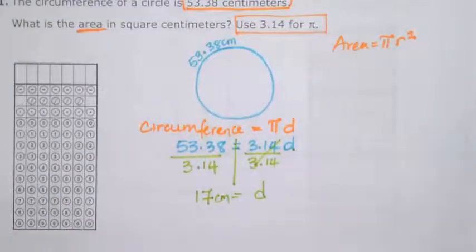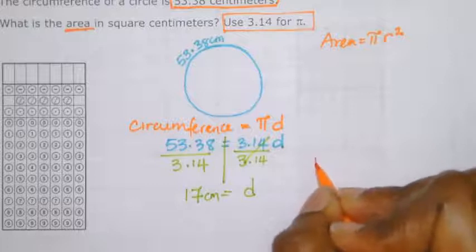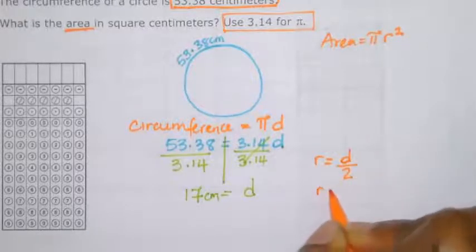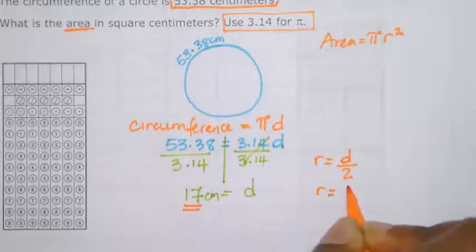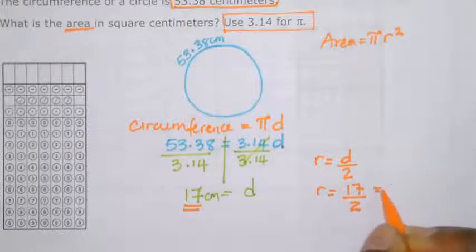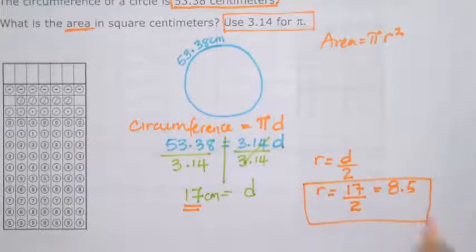So we're going to use what we know about the diameter to find the radius. We know that the radius is half the diameter. In this case, the diameter is 17, so 17 divided by 2 gives us 8.5. So the radius is 8.5. So we're going to find the area.